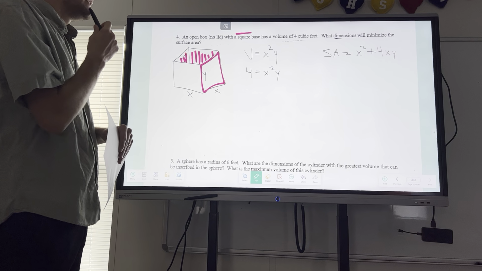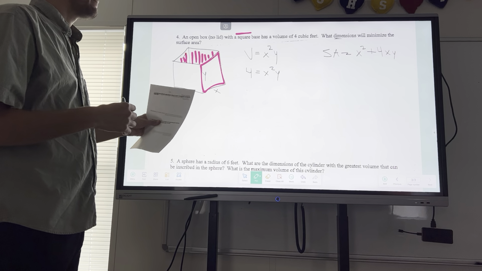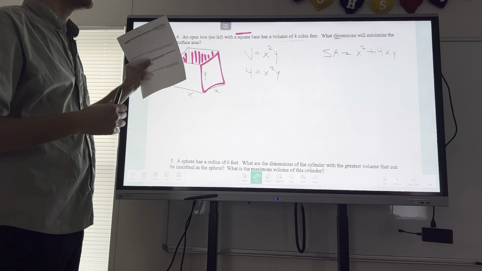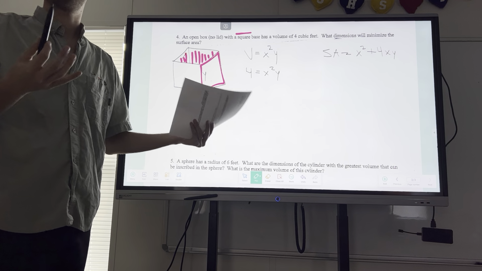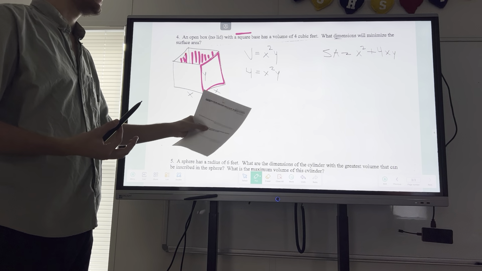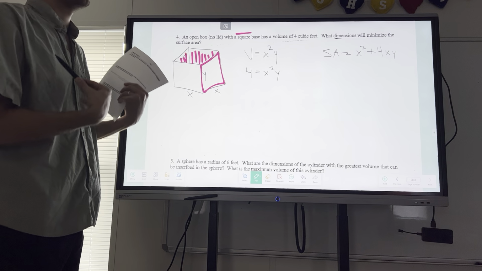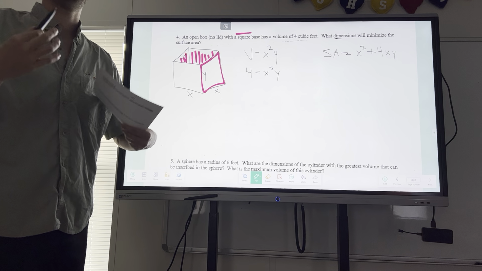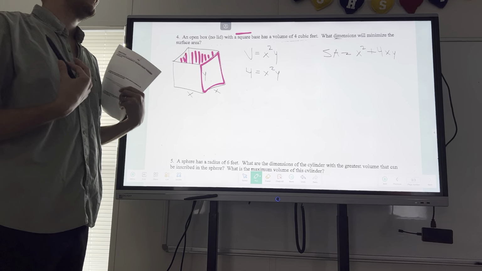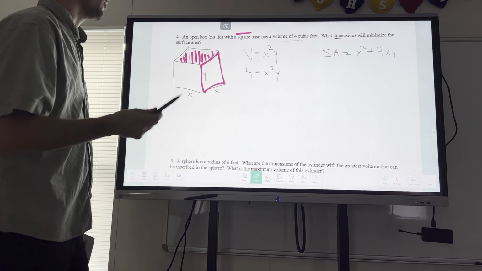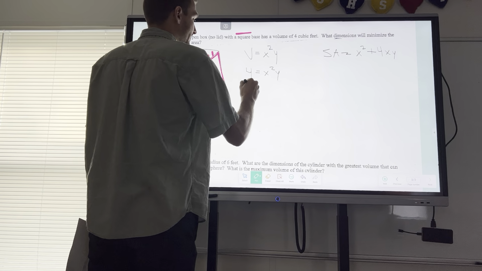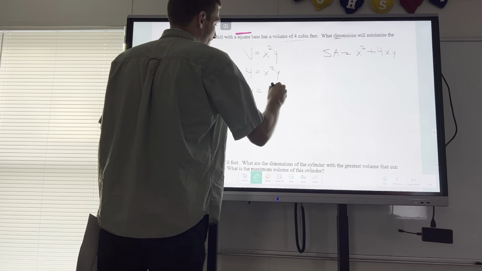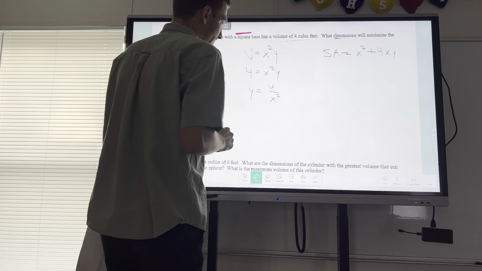Again, if I want to solve for the y, I divide by x squared, that should be good. If I want to solve for the x, I have to divide by the y and then square root both sides. And that's going to give me square roots. And honestly, math with square roots kind of sucks. So I'm going to solve for the y. I'm going to say y equals 4 over x squared.